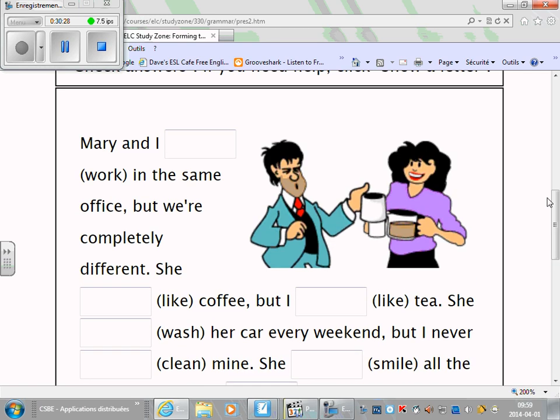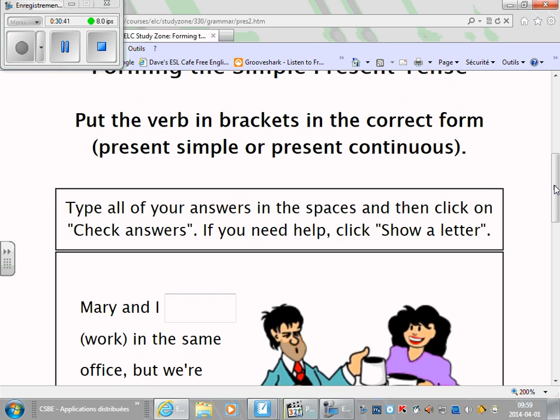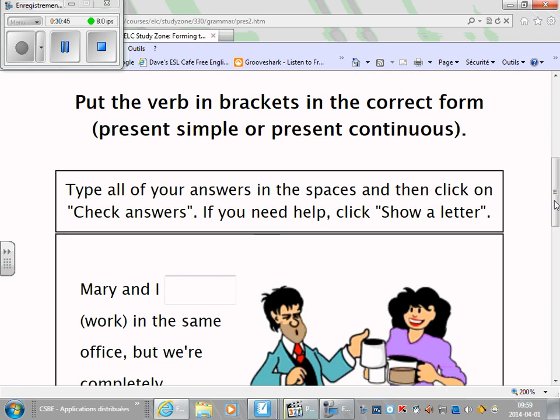All right. Mary and I, now we have to conjugate the verb work at the right tense. If you check here, simple present or present continuous. You can also say present simple or simple present. It's okay, it's good. All right?